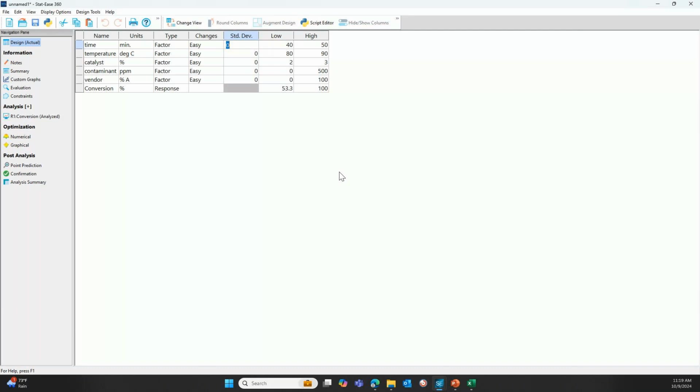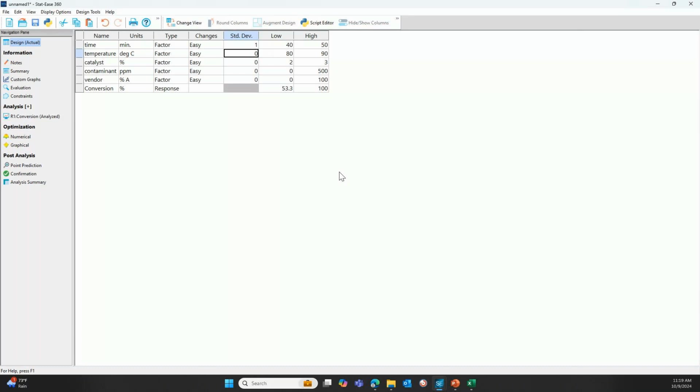This is where you and I would have to do some homework and think it through, but I'm going to simply say that 1 minute is a reasonable estimate for the change in residence time for this reaction system. I might have some fluctuations in flow rates, that sort of thing, so in the reactor, based on process knowledge, I feel that a 1 minute standard deviation is suitable for the residence time.